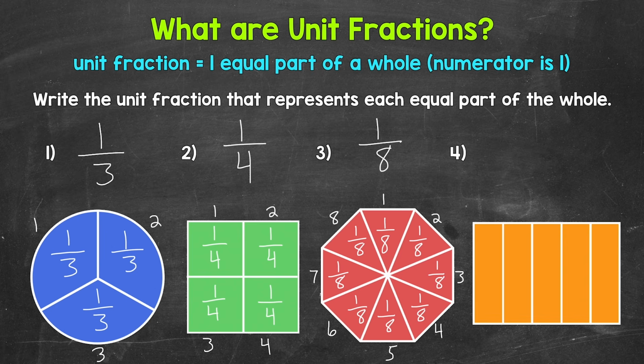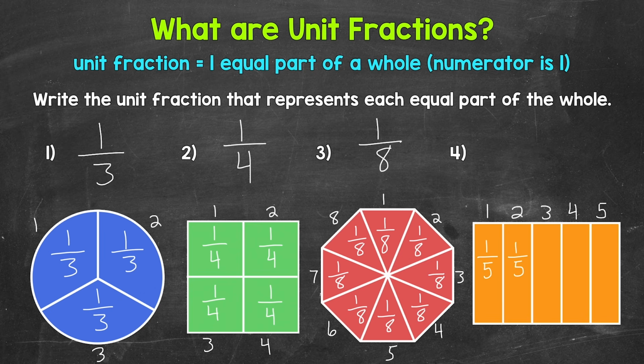Moving on to number 4, let's see how many equal parts this whole rectangle has been divided into. 1, 2, 3, 4, 5. So each equal part is 1 out of 5 total equal parts. Our unit fraction here is 1/5. So this is 1/5 of the whole.